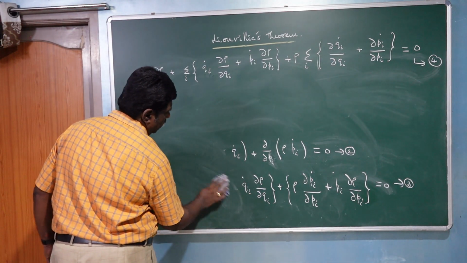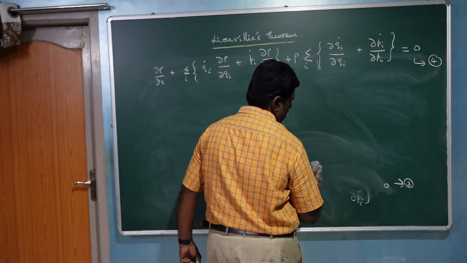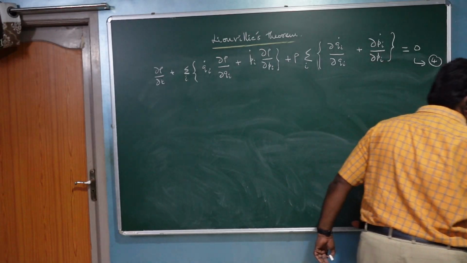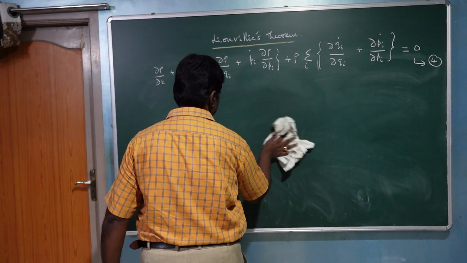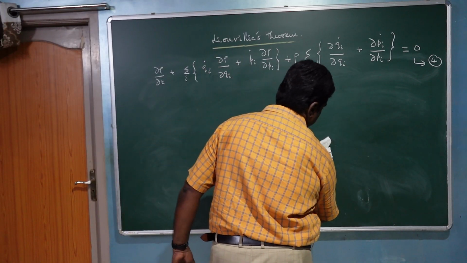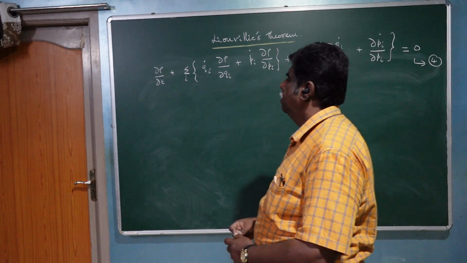We have to use our Hamilton's equations. According to Hamilton's equation, we have to write the values of qi dot and pi dot.